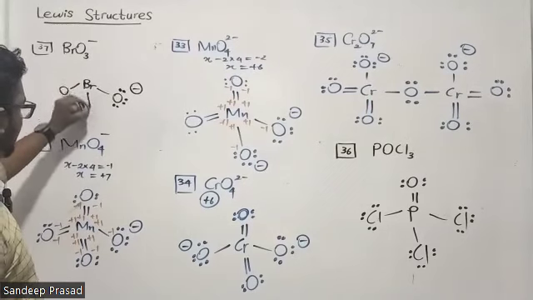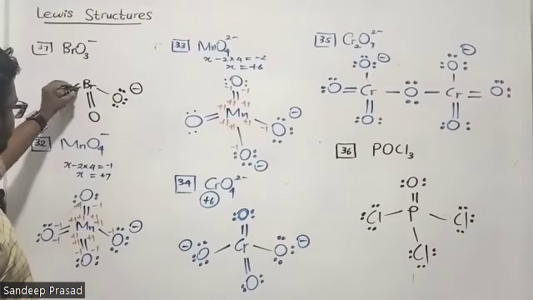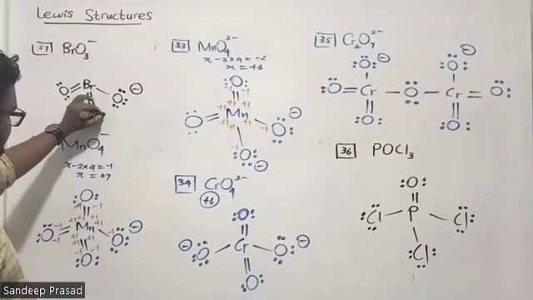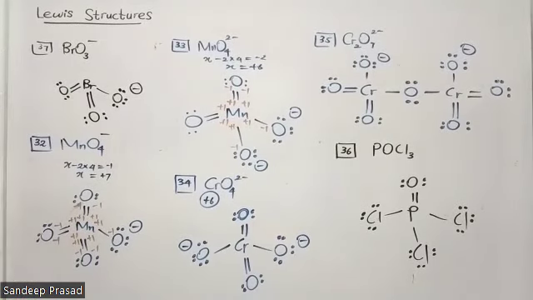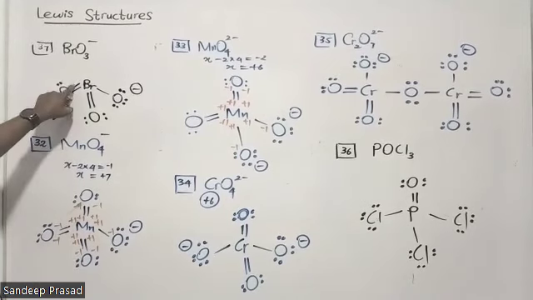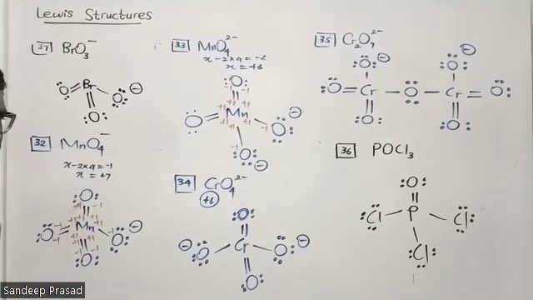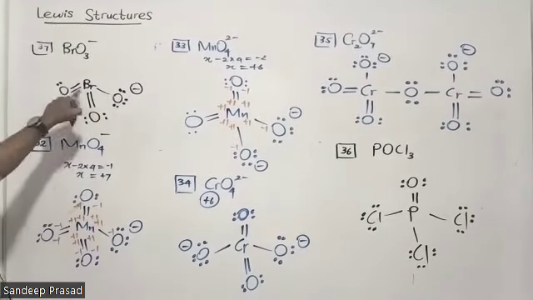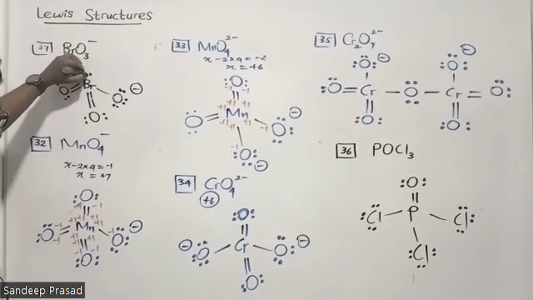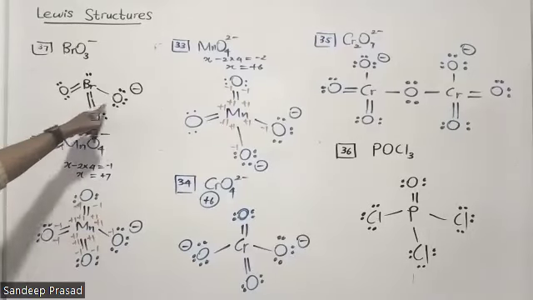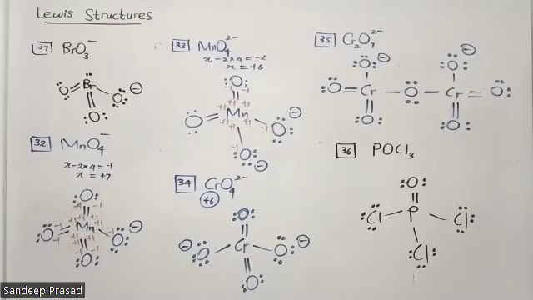Then the bromine atom is connected to the other remaining 2 oxygens through double bonds. Right? Then 1, 2, 3, 4, 5. In the valence shell of bromine there should be 7 electrons. Only 5 are then put as a lone pair. It is exceeding the octet, doesn't matter. So BrO3 minus should be like this.